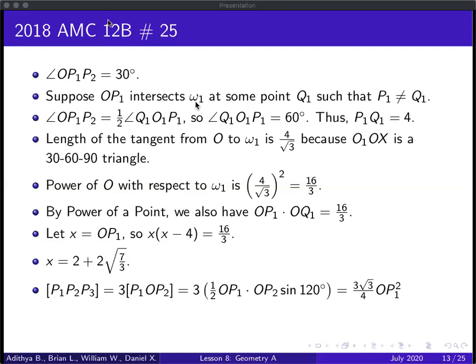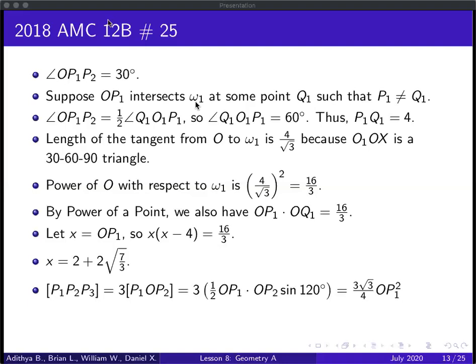So we have 3 times the area of P1OP2, and for that one we'll just use our half AB sine C formula. That gives 1/2 times OP1 times OP2 times sine 120 degrees, but OP1 equals OP2 by symmetry.